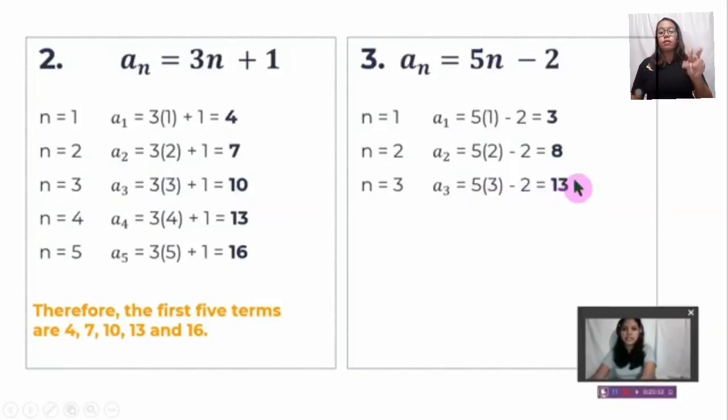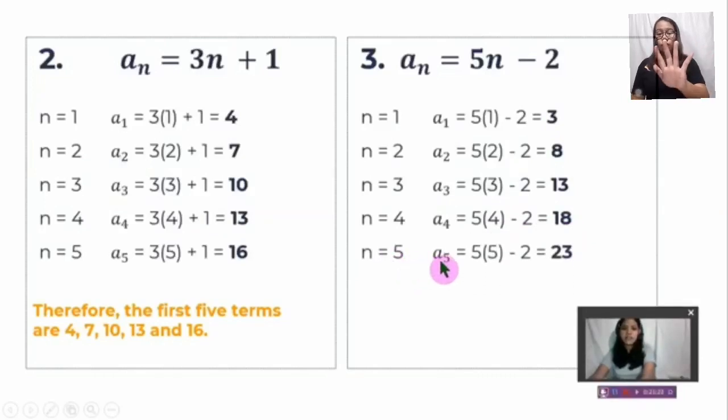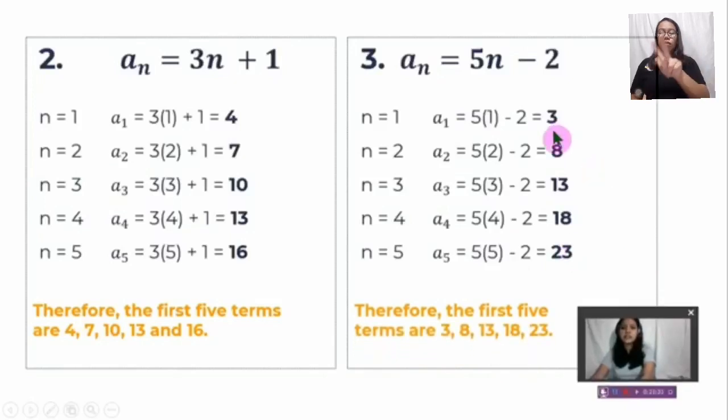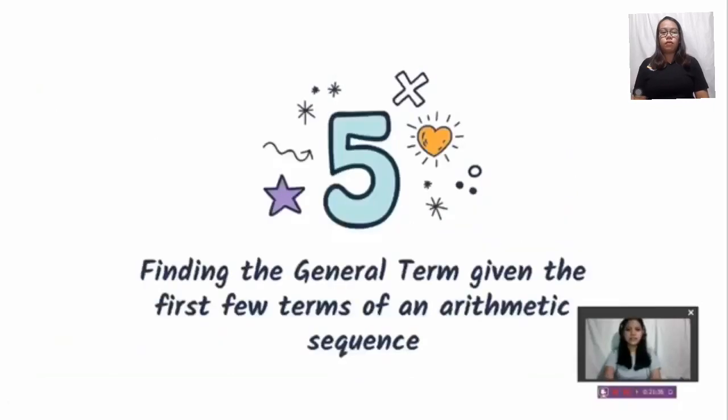That is 13. For n is equal to 4, our a sub 4 would be 5 times 4 minus 2, so that is 18. For the last one, our a sub 5 is equal to 5 times 5 minus 2, that is 23. Therefore, the first 5 terms of the sequence are 3, 8, 13, 18, and 23.